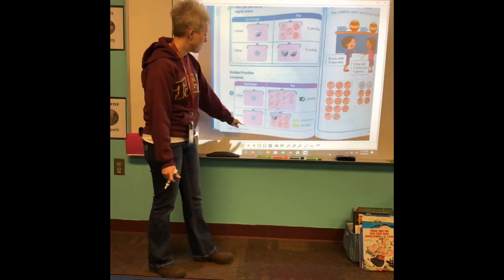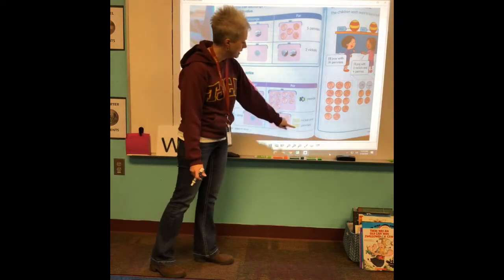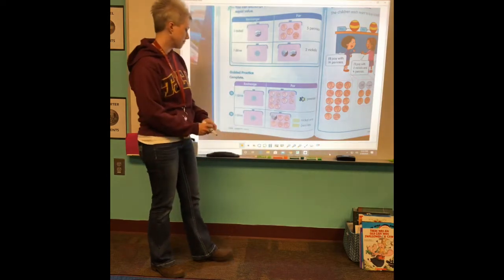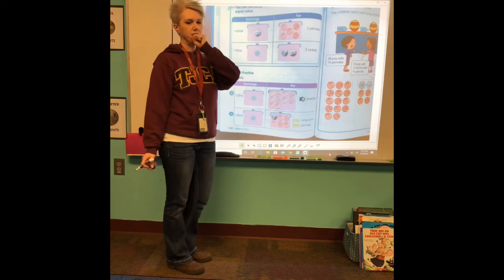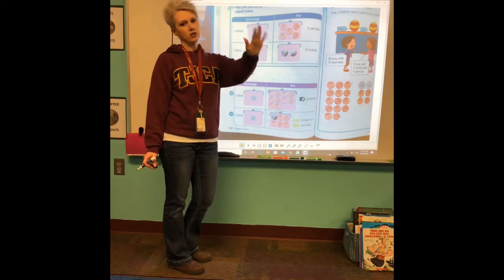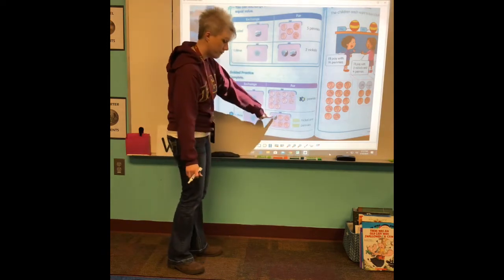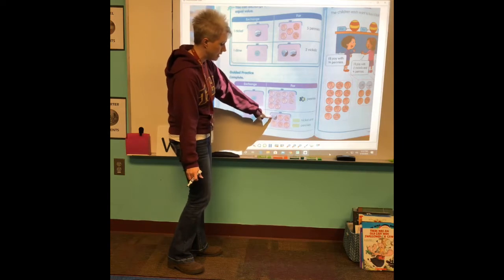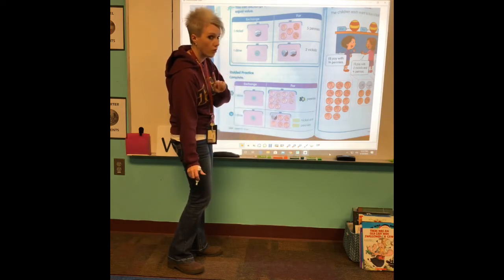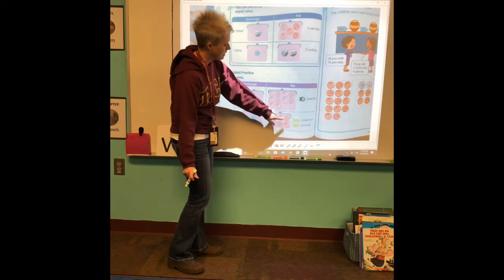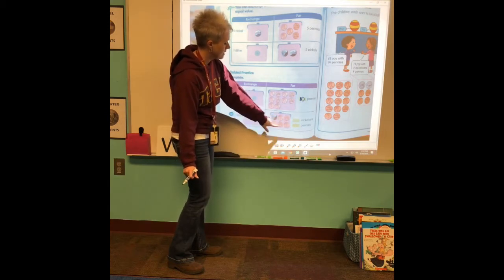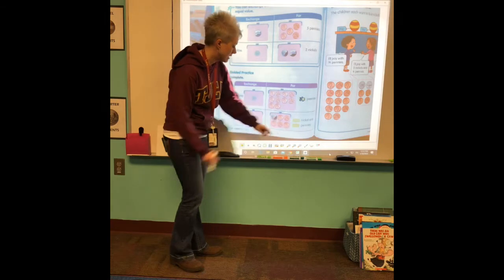1 dime equals how many nickels and how many pennies? We know that a nickel is worth how much? Float it into your hand. Release it. Good job. 5 cents. So there's 5 cents. Pennies are worth 1 cent. Very good. So 5 cents, 6 cents, 7 cents, 8 cents, 9 cents, 10 cents.